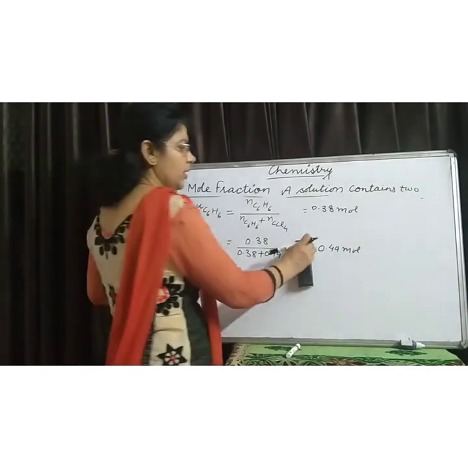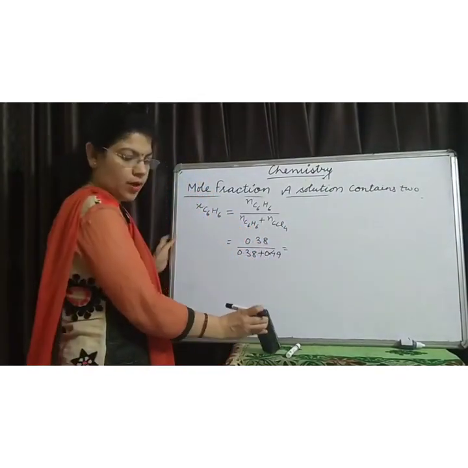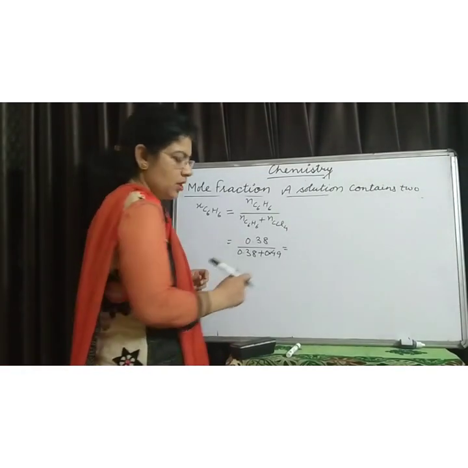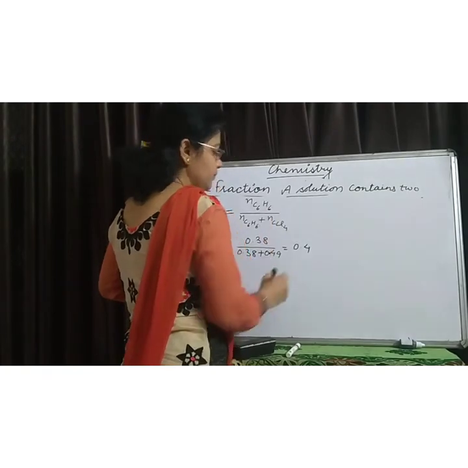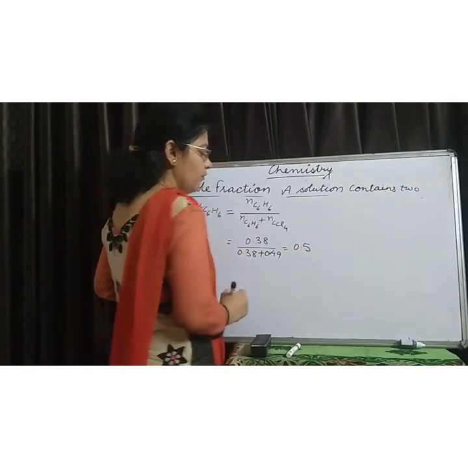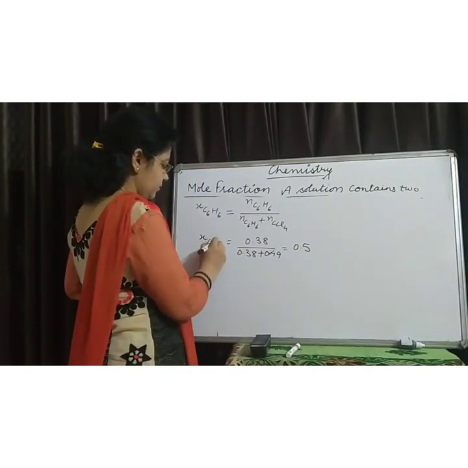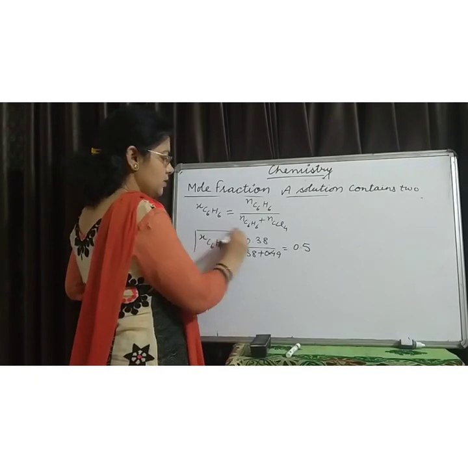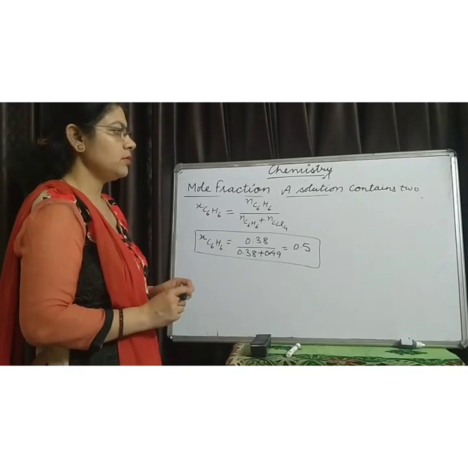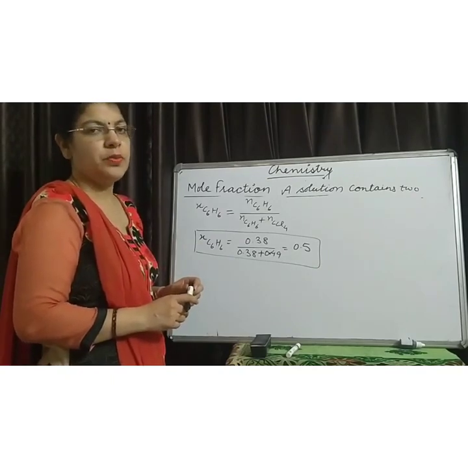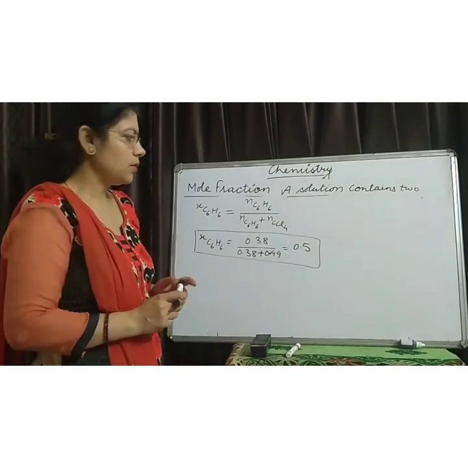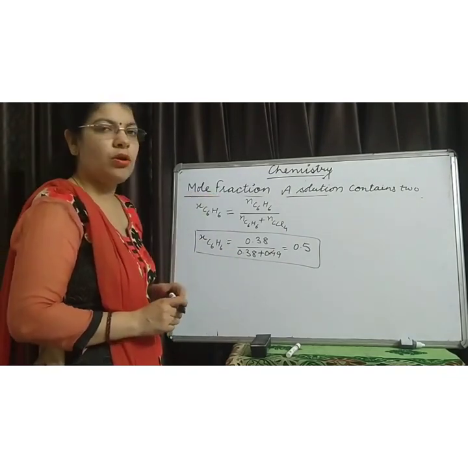When you solve this, you get the mole fraction of benzene, approximately 0.4. This is the mole fraction of benzene present in a solution of carbon tetrachloride and benzene in which the amount of benzene is 30%. This is all about the mole fraction.